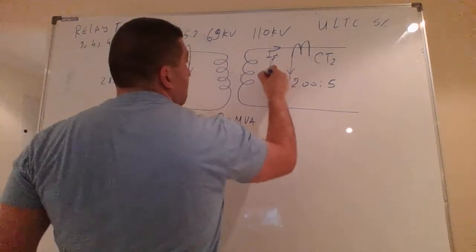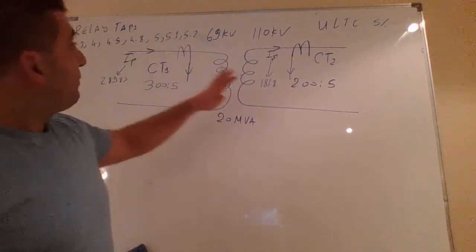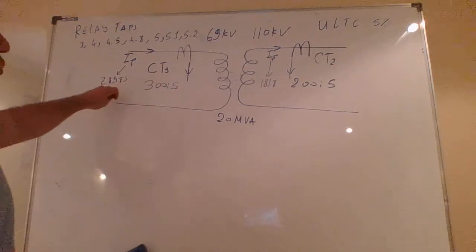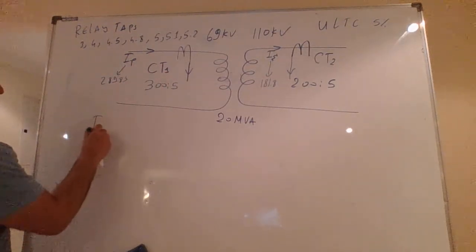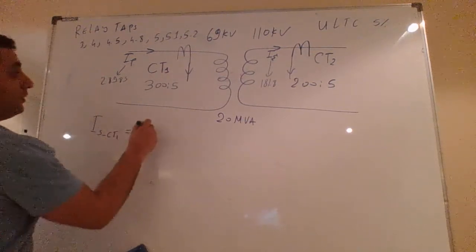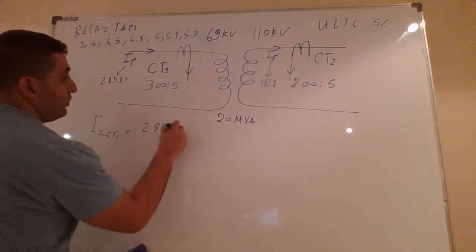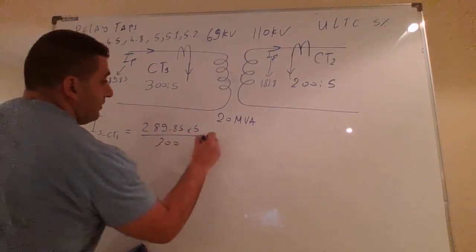And this current is 181.8. So the primary current of CT1 is 289.85. Therefore, I secondary of CT1 will be equal to 289.85 multiplied by 5 divided by 300.